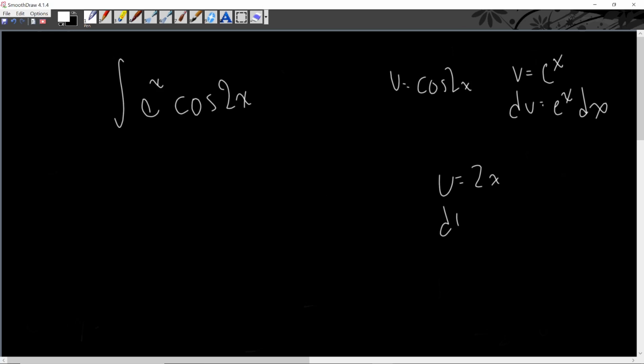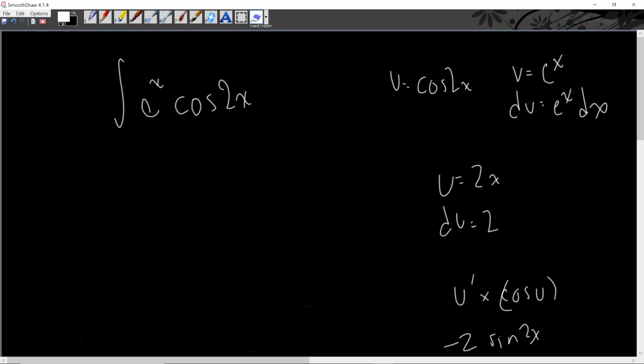So u prime is equal to 2, so we have to do u prime times negative sine of u, so we're left with 2 times negative 2 sine u, which is, again, 2x.